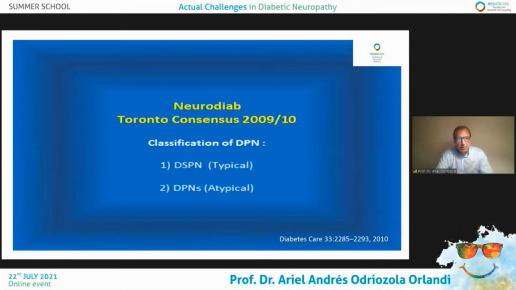The typical polyneuropathy is a chronic, symmetrical, length-dependent sensorimotor polyneuropathy, and it's thought to be the most common variety. The other one is atypical diabetic polyneuropathy, which differs from typical sensorimotor polyneuropathy in several important features: its onset, the course, manifestations, associations, and pathogenic mechanisms.